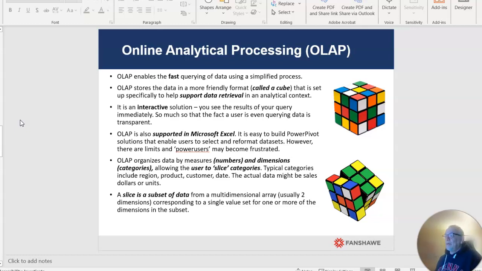Or we might want to group the maritime provinces because they're small together and say we want to look at sales by the maritime or eastern provinces, or look at sales by a specific product or a specific customer. So we can slice our data into different multi-dimensional views.